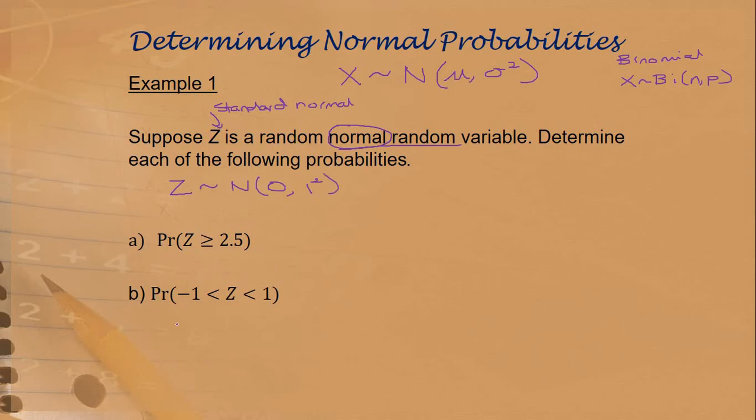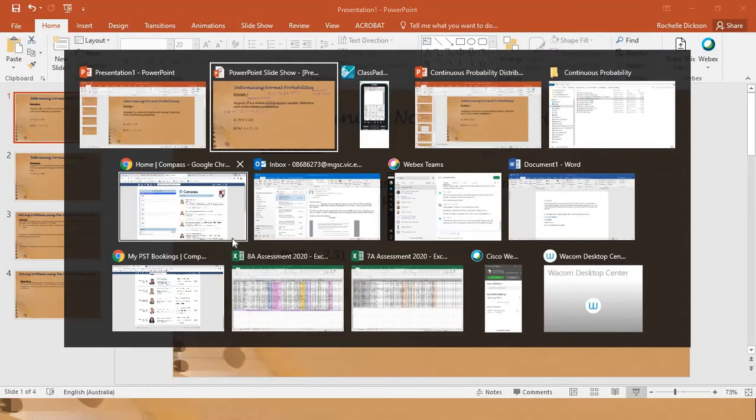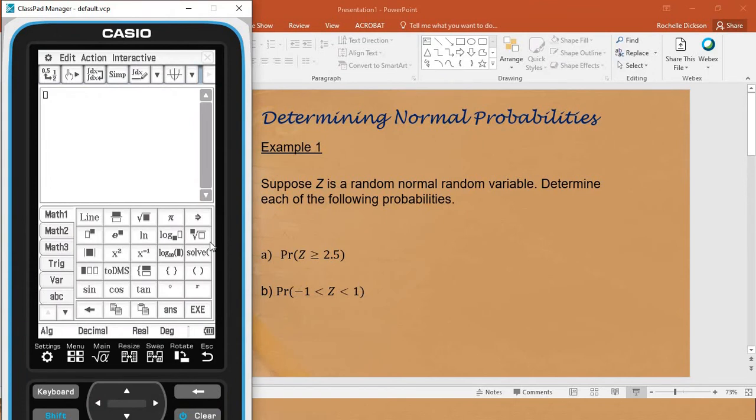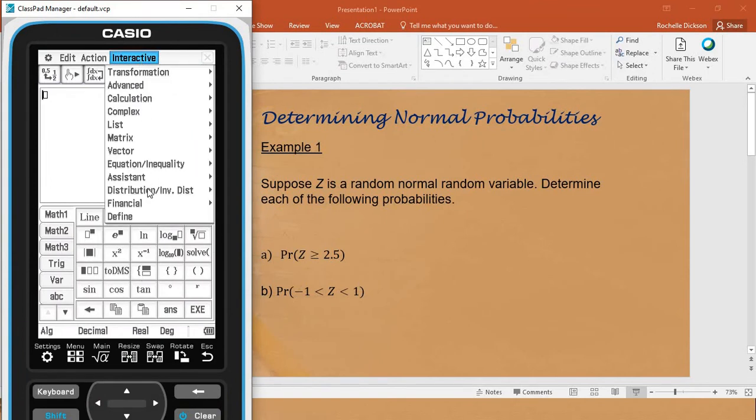Now we need to calculate. So this is what we're doing on our CAS. This is the notation that you need. This might be worth 1 mark in a SAC or an exam. Now to calculate this, we get up our CAS and we go Interactive, Distribution, Continuous.